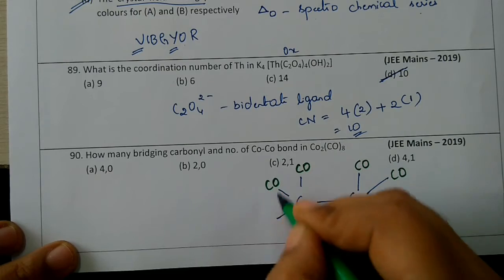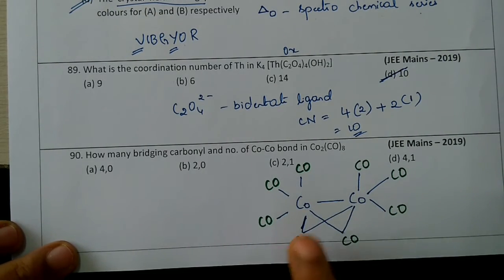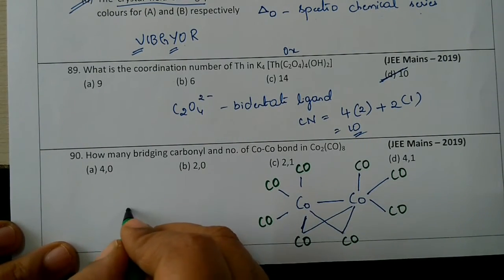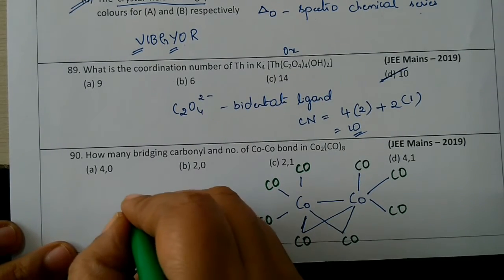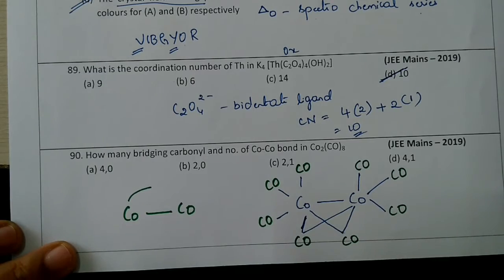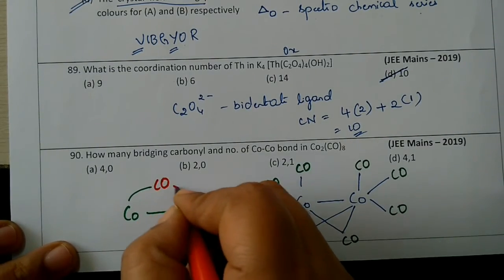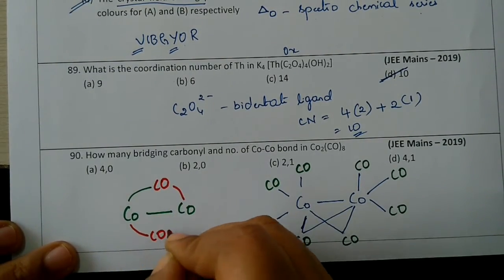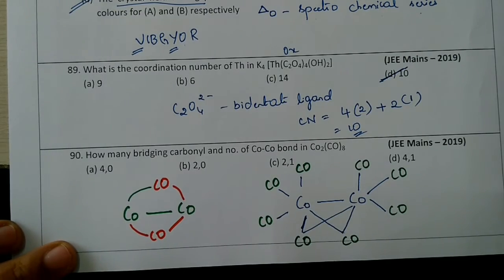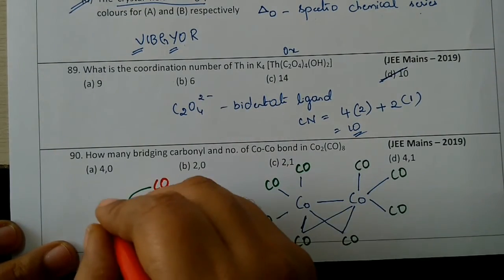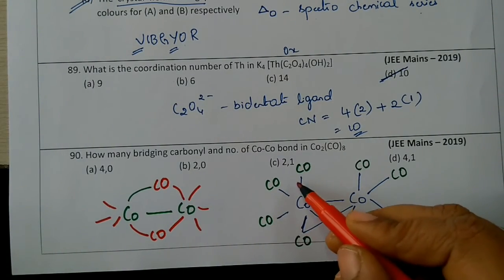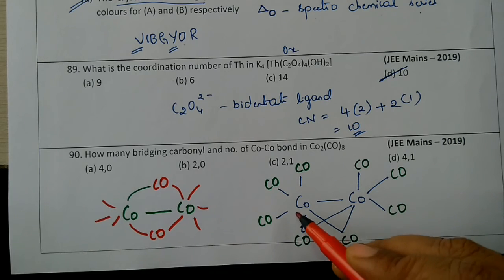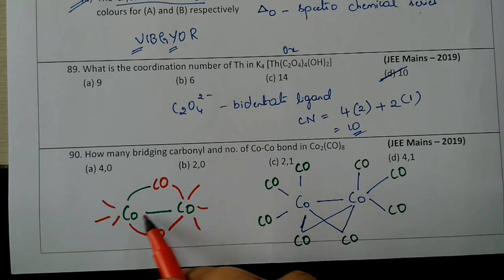We can write the carbonyl bond here and the carbonyl here. The remaining, three other carbonyls on each cobalt, as it is. Two common carbonyls are present, and this is the bond between cobalt and cobalt.